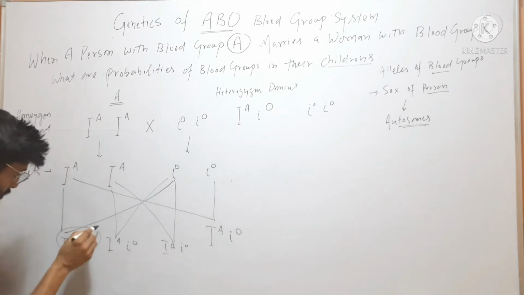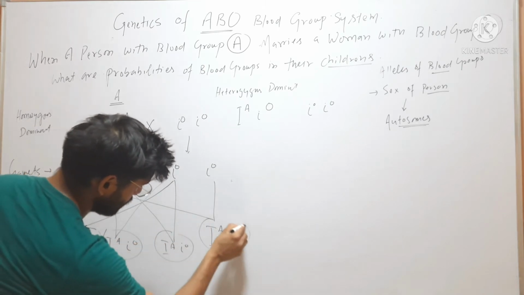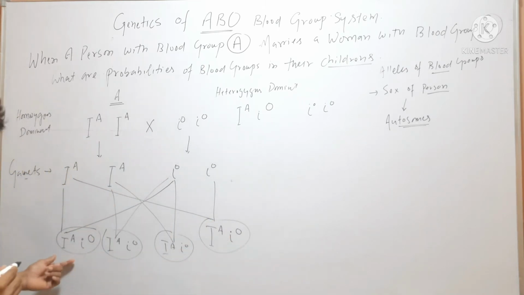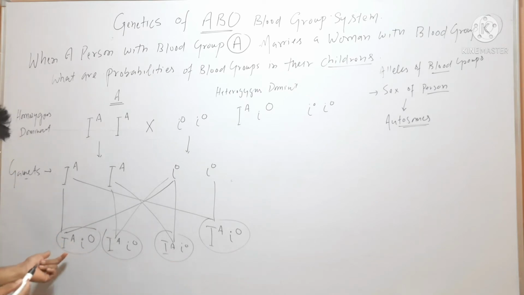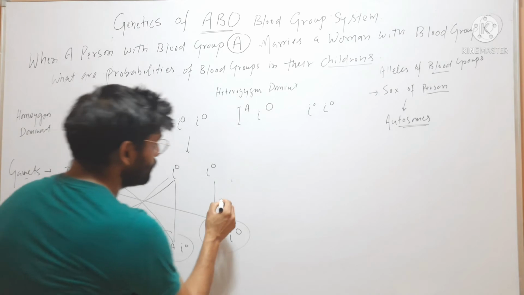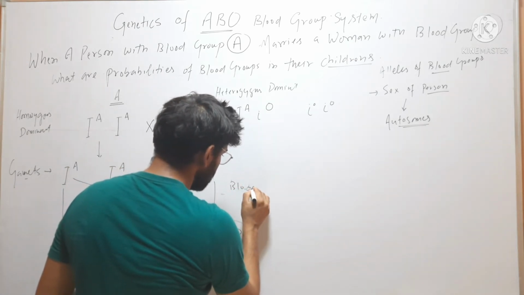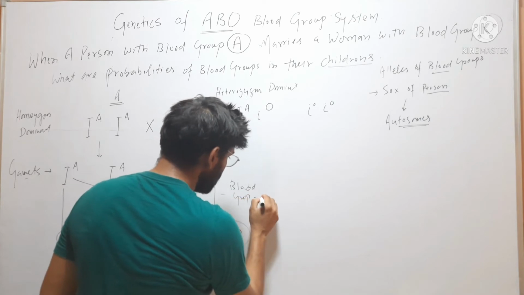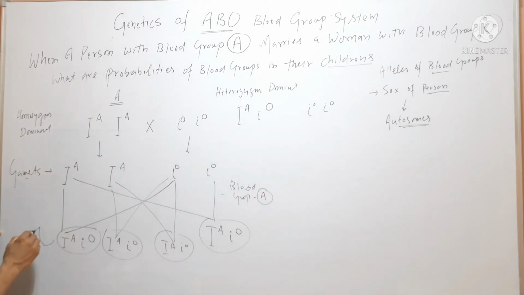So here you can see that out of 4 progenies or 4 children, all have blood group A, which is heterozygous dominant.